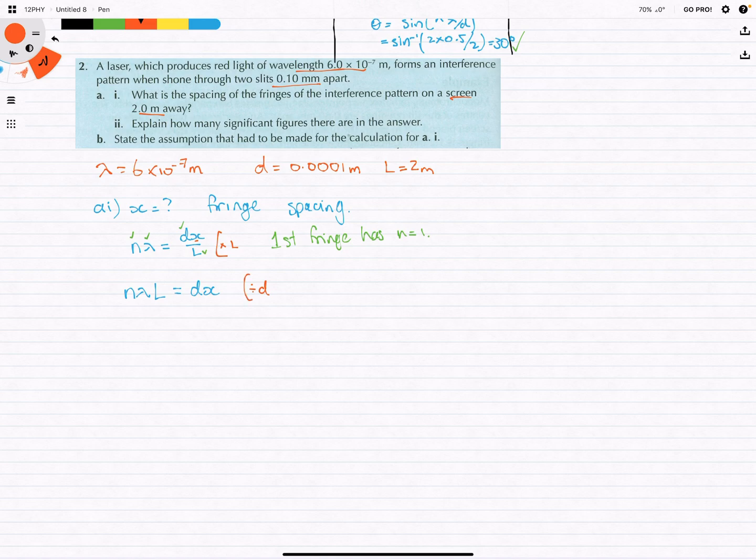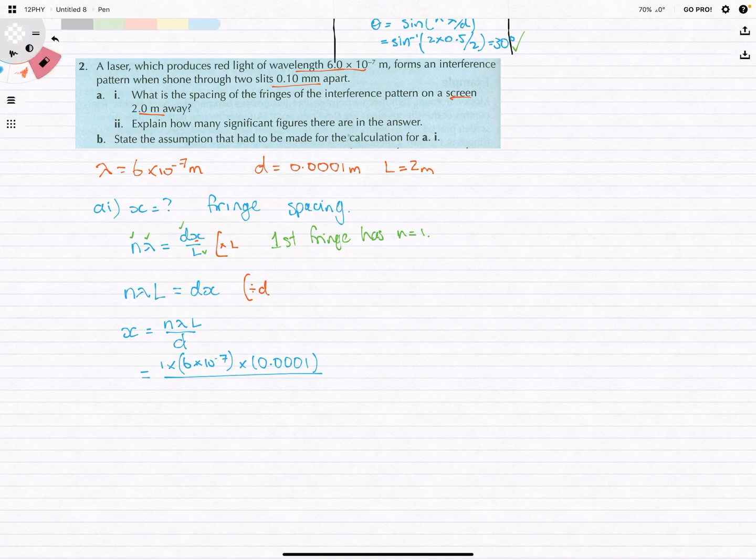We get x equals n lambda L over d. Let's do that: 1 times 6 times 10 to the negative 7, times L, divided by d.